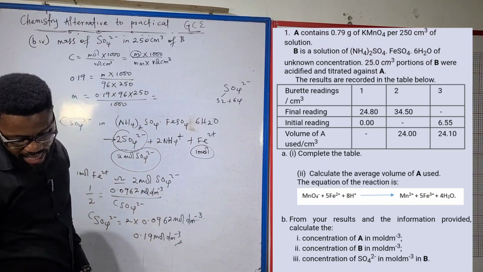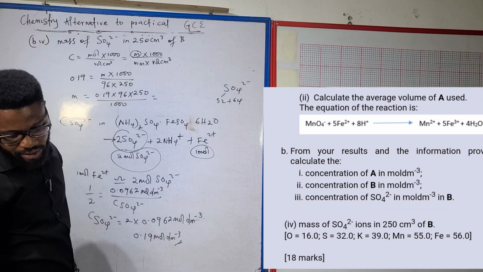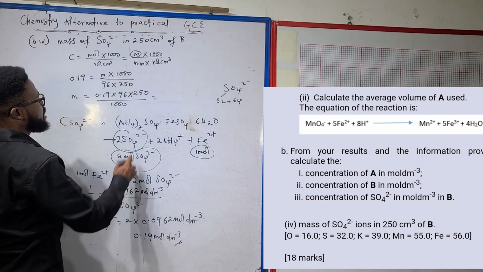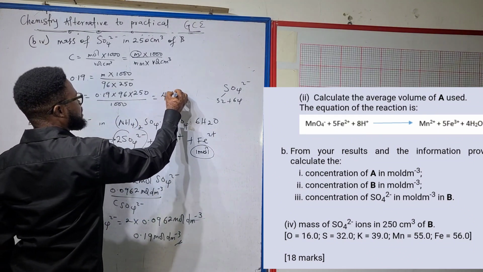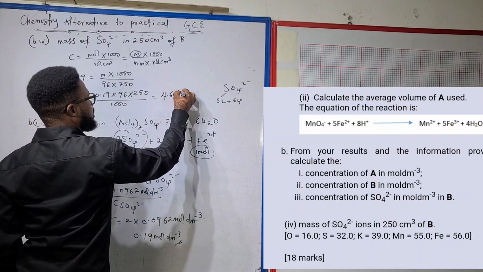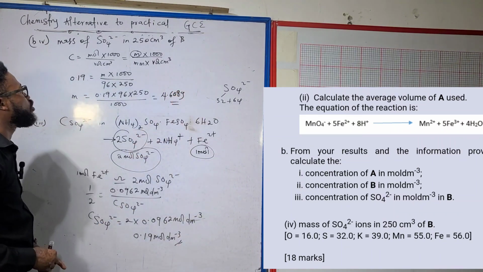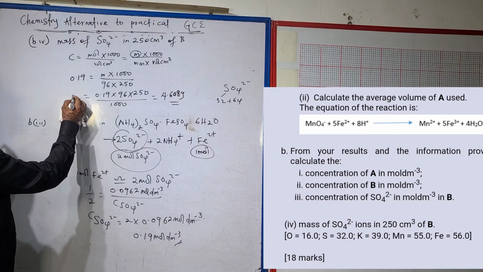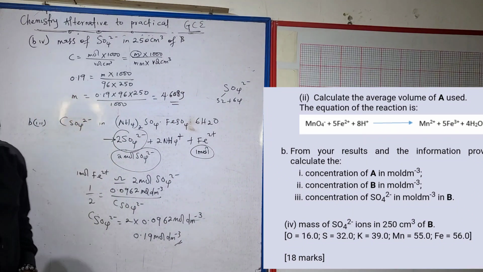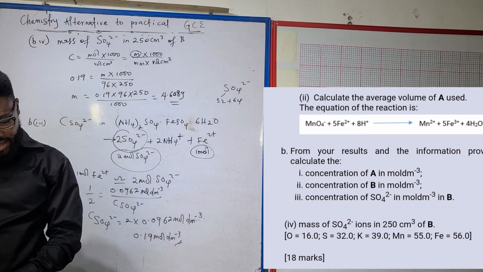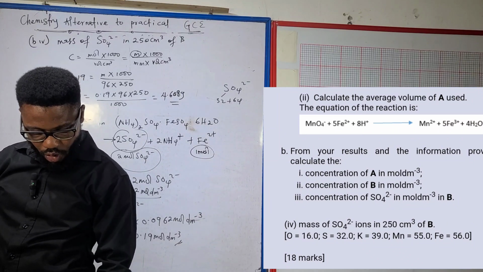Computing this, I am going to have 4.608 grams. So that is the mass of SO4 in 250 cm cube of B.